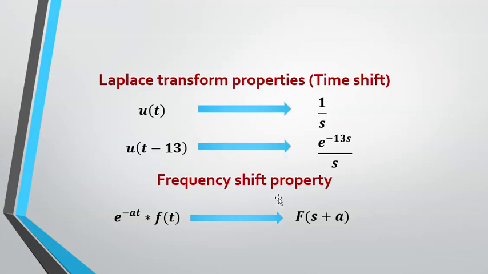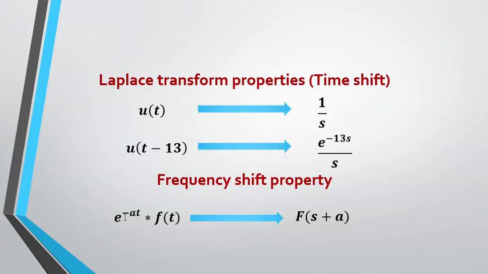Frequency shift means that if in the Laplace domain you had a shift of a, for example, if you had F of s plus a, it means in time domain your function had been multiplied by an exponential e to the power of minus at. Look, they are like a duality feature. Here, when you shift something in time domain, in Laplace domain it's being multiplied by an exponential.